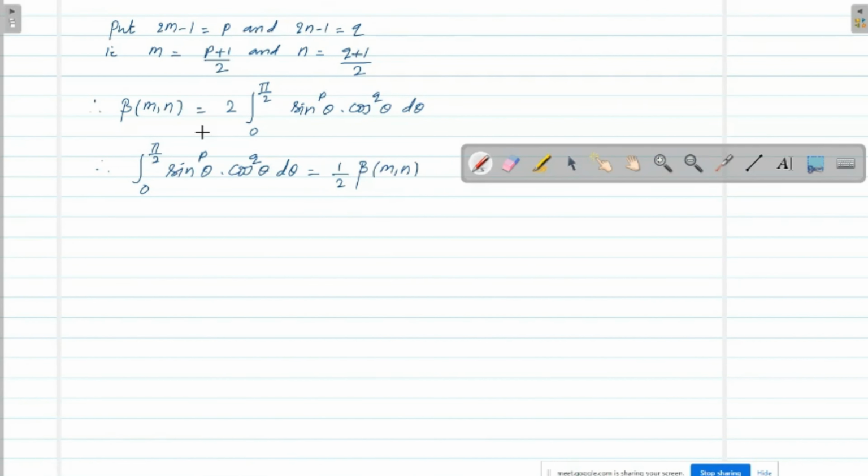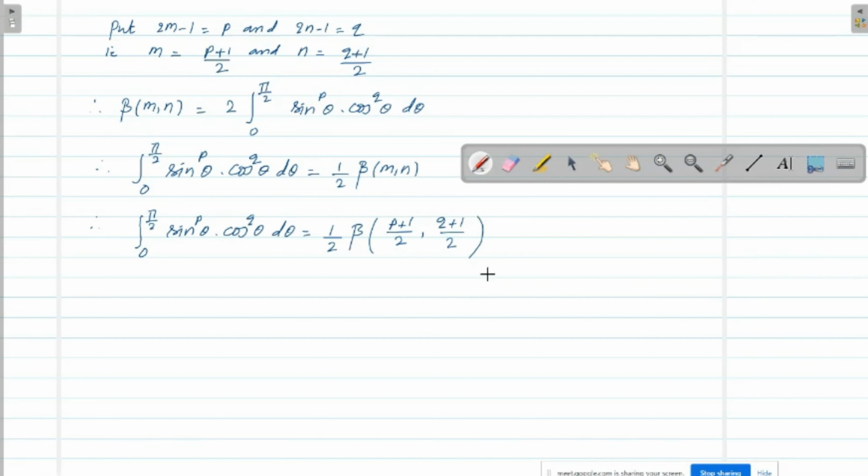Now instead of m and n we put these values. Therefore the integration of limit 0 to pi by 2 of sine p theta cos q theta d theta equals 1 by 2 beta of m, where m is (p plus 1) divided by 2, and n is (q plus 1) divided by 2.